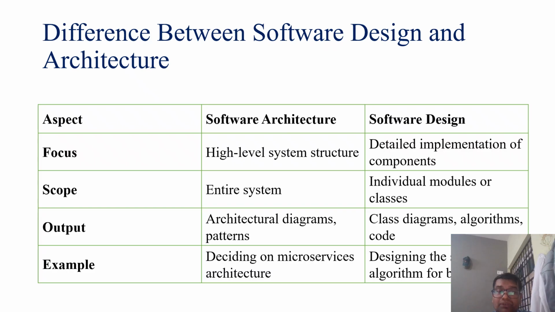In software architecture, the output is architectural diagrams and patterns, whereas in software design the output is class diagrams or algorithms. As an example, software architecture is deciding on a microservices architecture, whereas in software design, it would be designing the search algorithm for books.